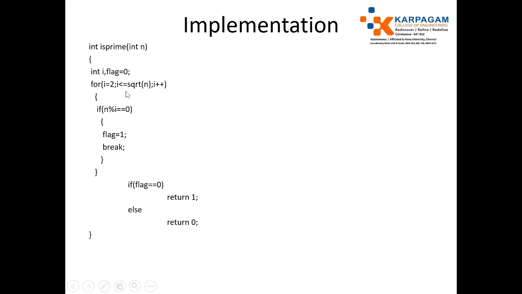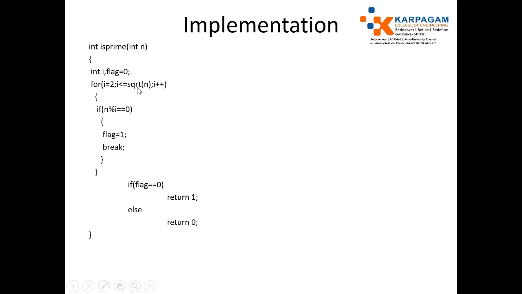So it will not enter into the next iteration, and automatically it will return the value 1. This if condition will never get true, so it will go to the other condition and say 1. So 7 is a prime number.